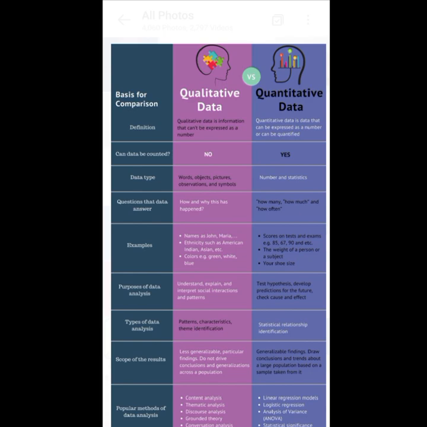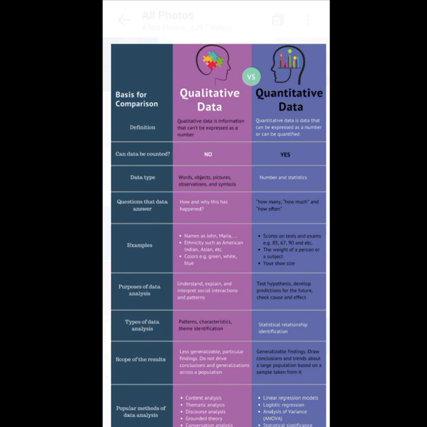Let's make it super clear with examples you can easily relate to. Qualitative data: hair color, black, brown, blonde. Quantitative data: hair length, 25 centimeters. Let's take another example: food taste, spicy, sweet, bitter. And quantitative data is calories in food. It is equal to 200 calories.